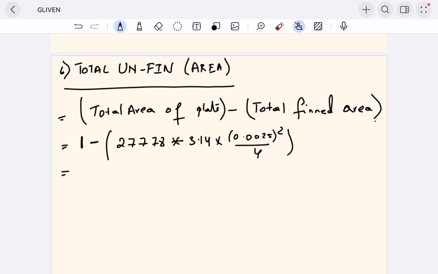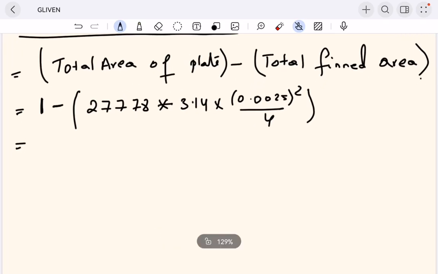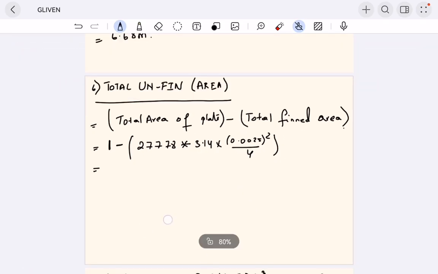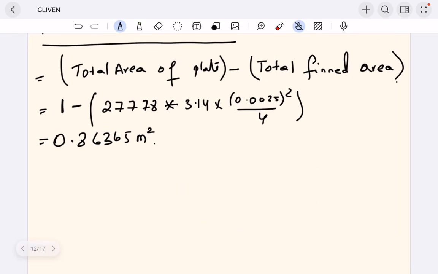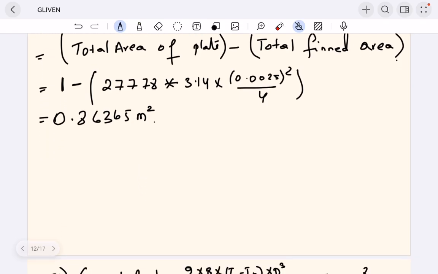So you plug in all the numbers, the total unfinned area comes to 0.86365 square meters. So out of 1 square meter, 0.8635 is unfinned area.